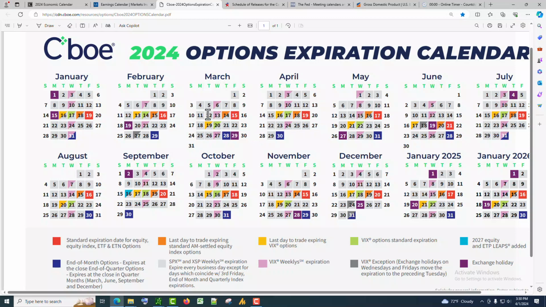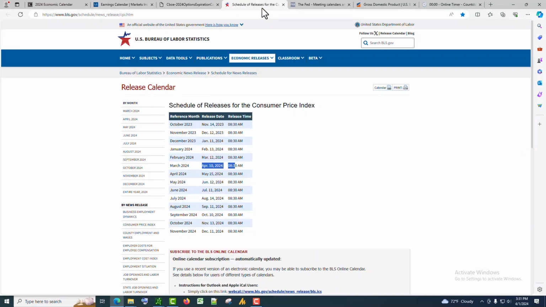Last time we had, I think, March 12, the second Tuesday. Is that right? Yeah, the second Tuesday of every month. Right here, so we have the 10th. Last time we had March 12.